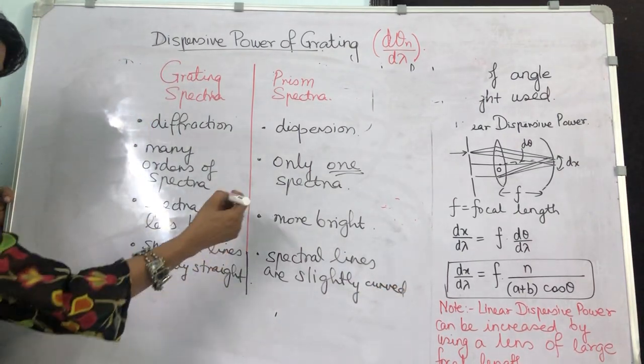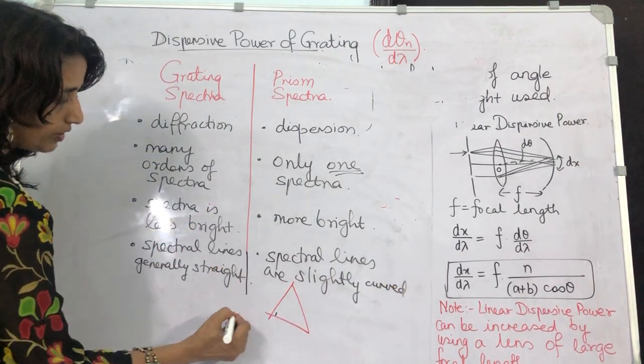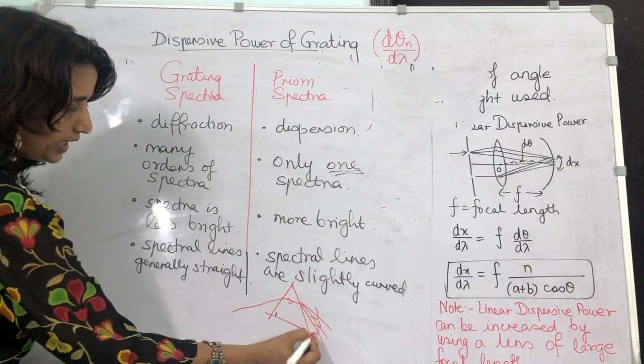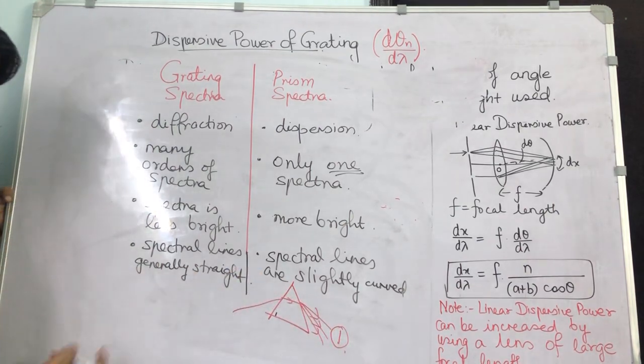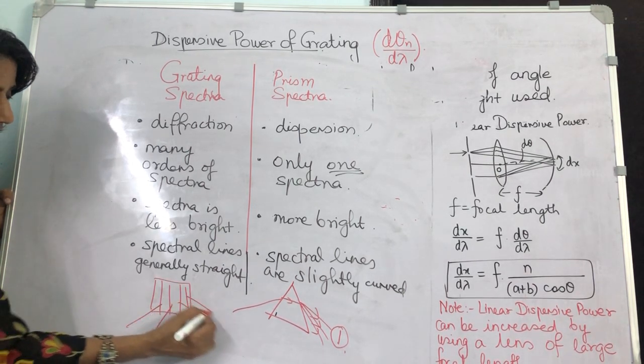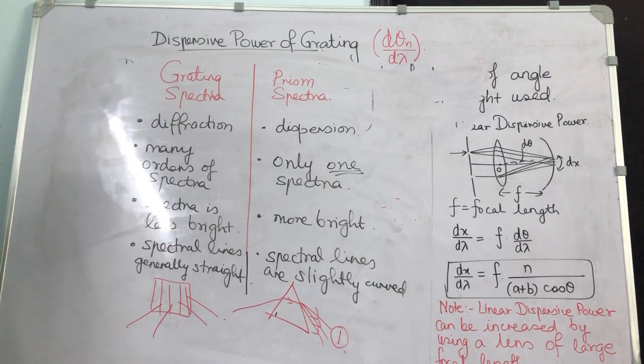Prism forms spectra due to dispersion, that is VIBGYOR, and only one spectra gets formed. Here, due to grating, slit width and opaque space, you get n number of spectra. That is why the intensity decreases.